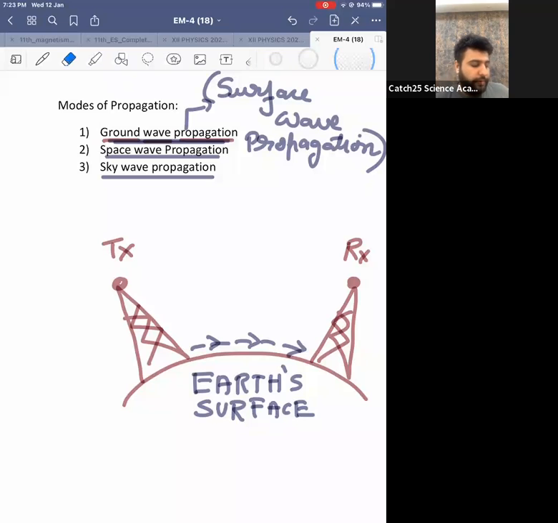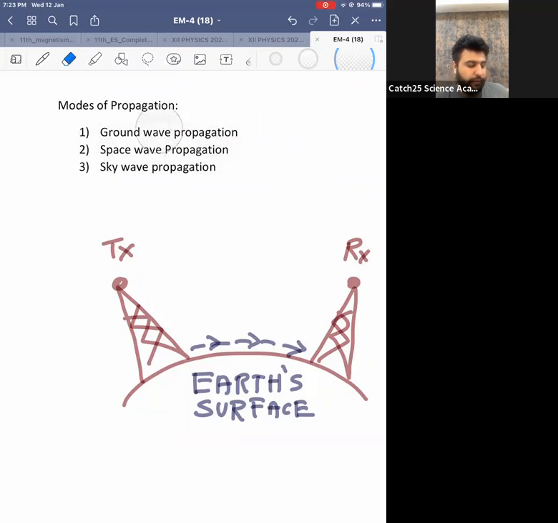Or surface wave propagation. You should know the other name also for ground wave propagation, which is surface wave propagation.